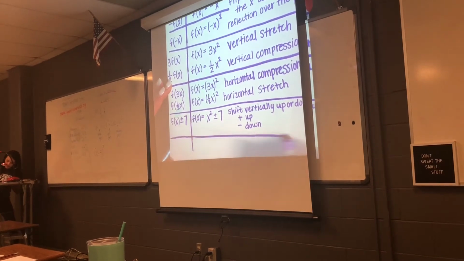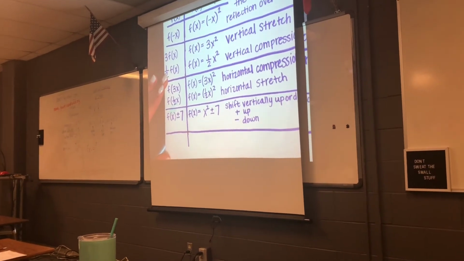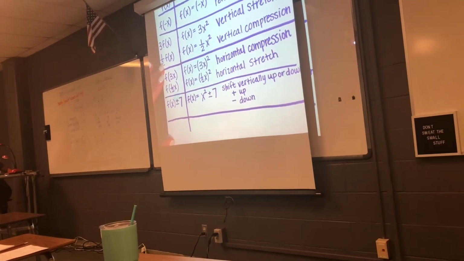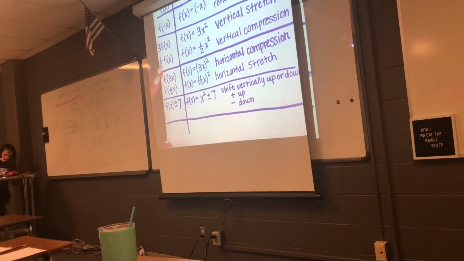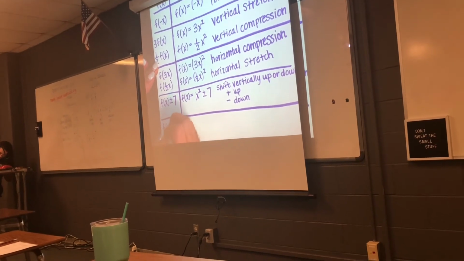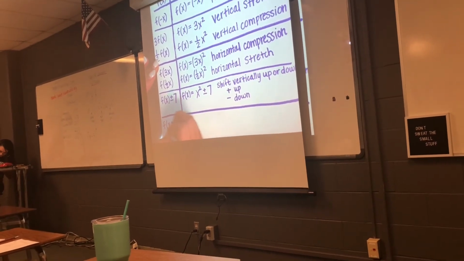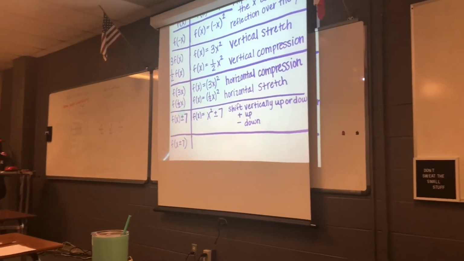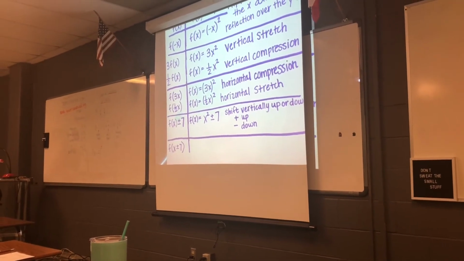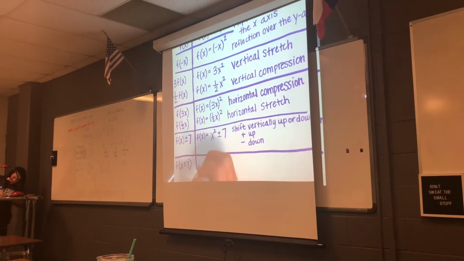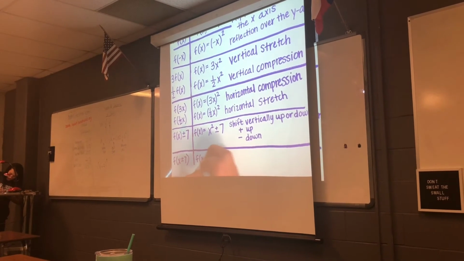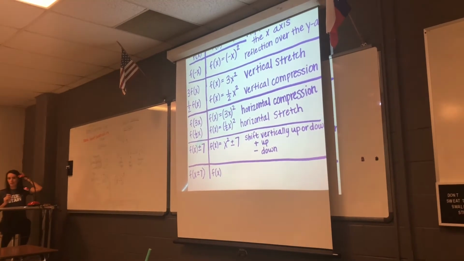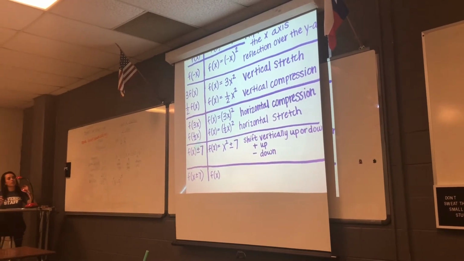Now, where would a plus or minus 7 go if we were going to shift something to the left or right? In the parentheses. So it would say f of x plus or minus 7 in the parentheses and not just hanging off the very end. And it is reversed. Yes, remember things in the parentheses happen in reverse of the way you think that they normally would.